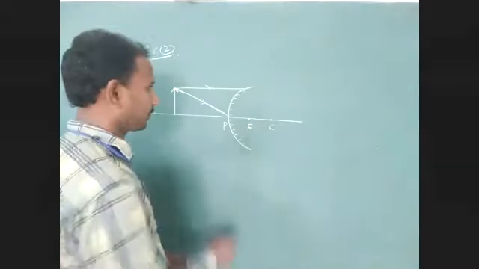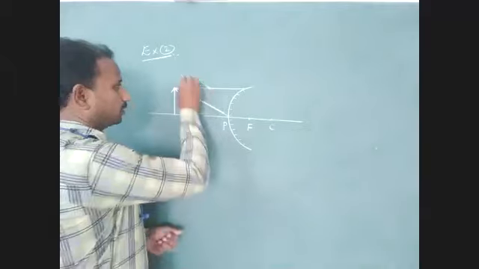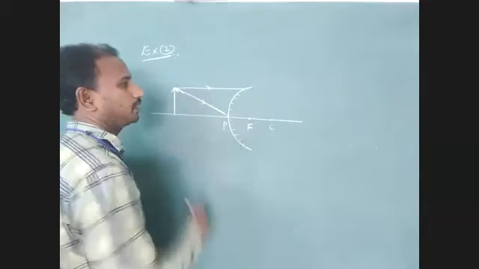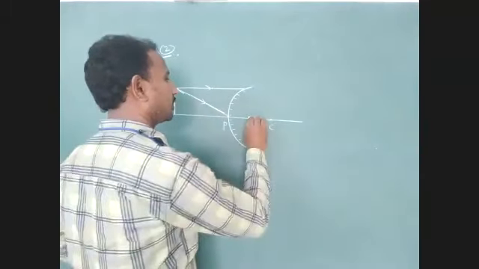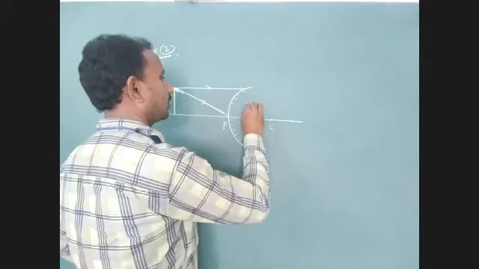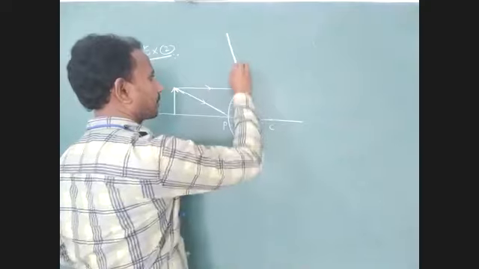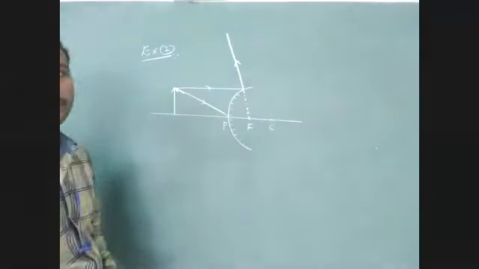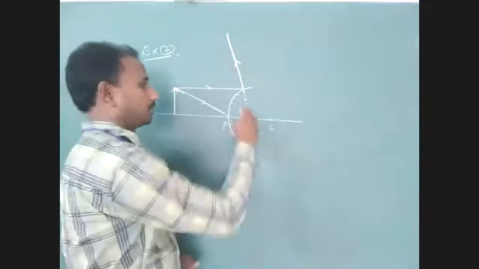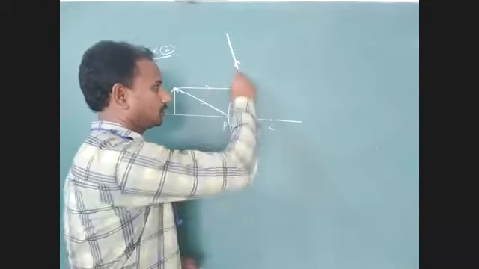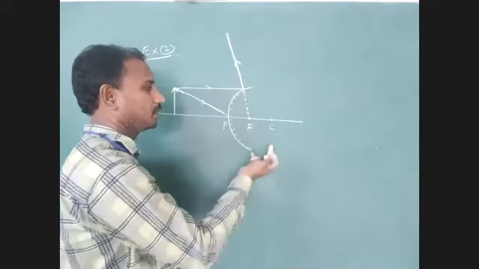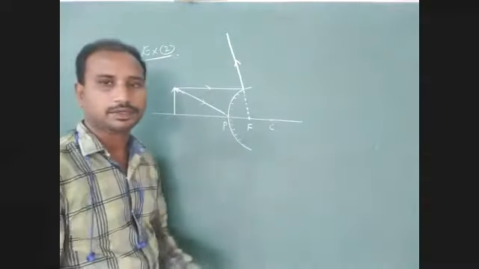The next one. Now just identify rule 1. Rule 1: if a ray of light is parallel to the principal axis, after reflection, the reflected ray appears to come from the principal focus. Here, this reflected ray appears from inside the convex mirror.